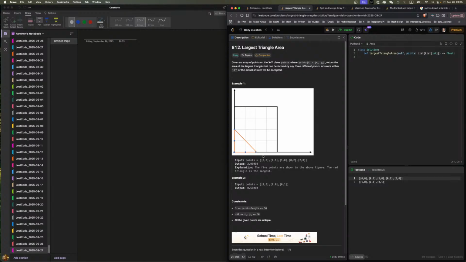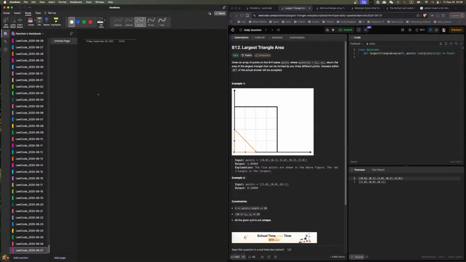How do you even compute the area? Yeah, I think there is a formula to compute area given the Euclidean coordinates. I kind of forgot, I don't remember, but there is a way.